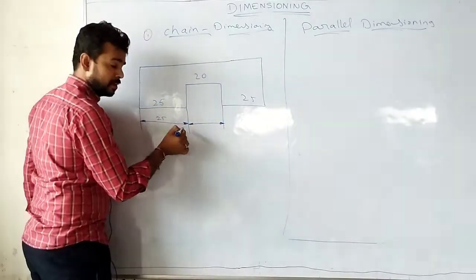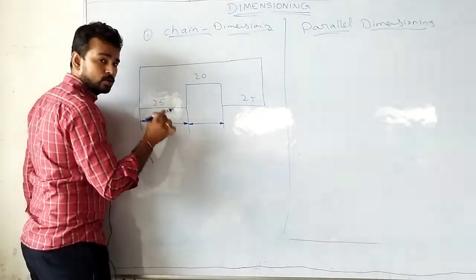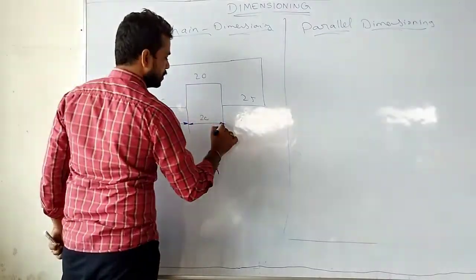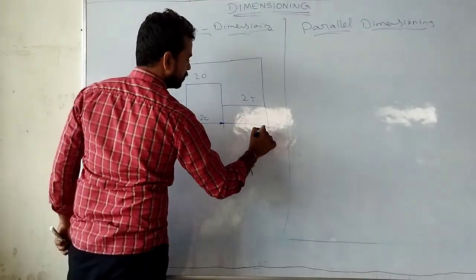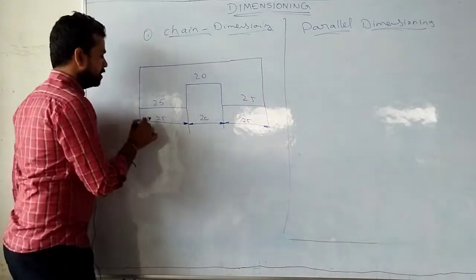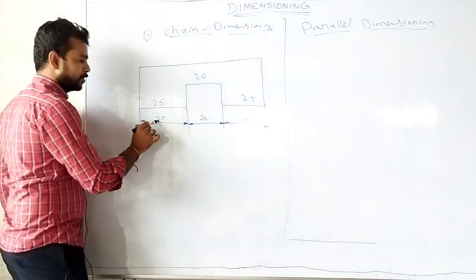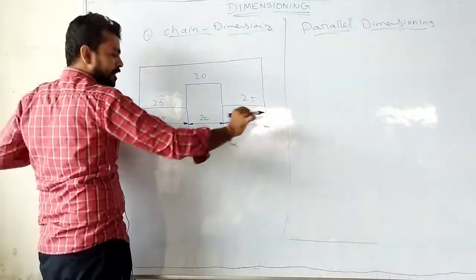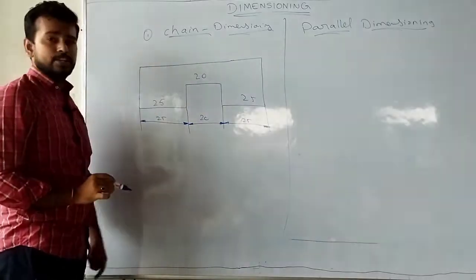Just see here, the arrow mark should be closed and filled. 20. See here, the dimensioning is like a chain. 25, 20, 20 is like a chain. Okay, that's why it's called chain dimensioning.